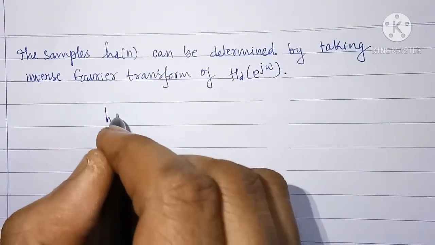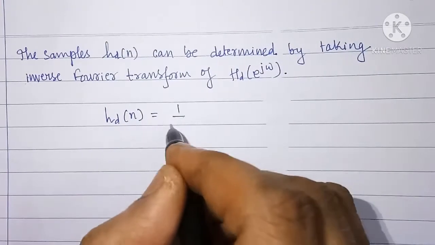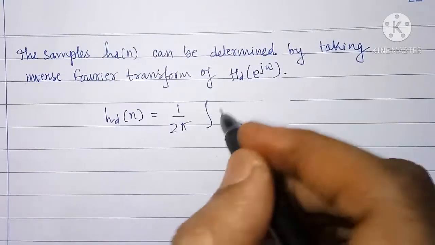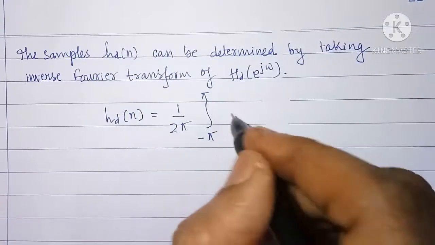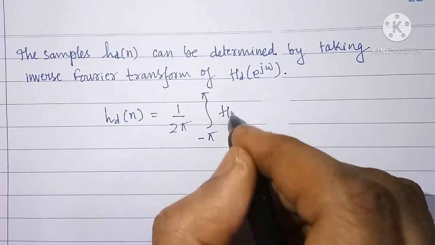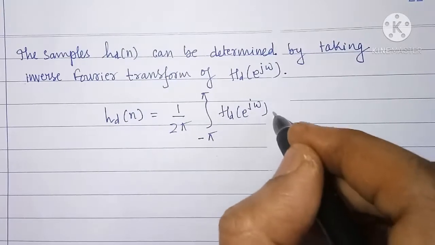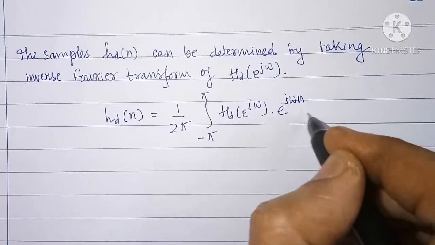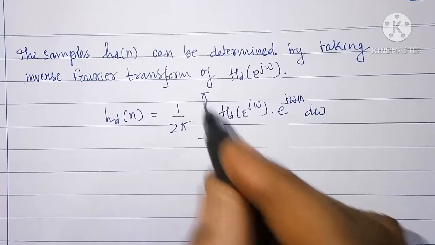That is, Hd of n is equal to 1 by 2 pi integration of Hd of e raised to j omega into e raised to j omega n d omega from minus pi to plus pi.